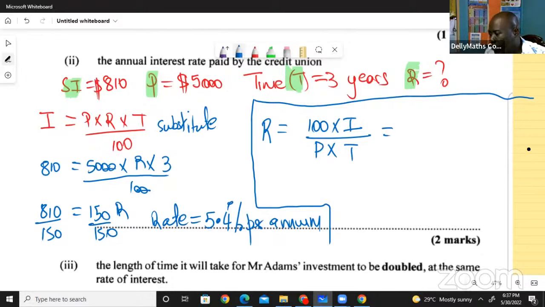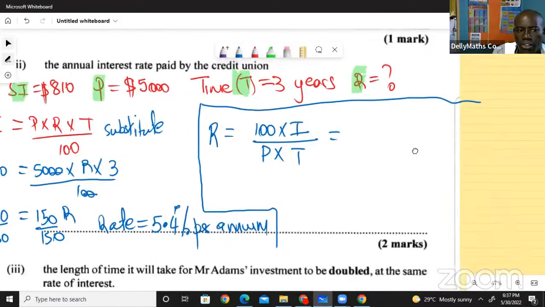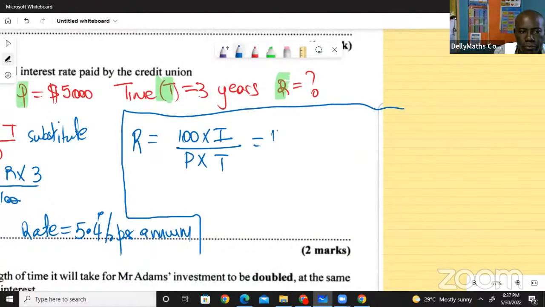All right. And then we're going to do some substitution here. 100 times the interest, which is 810, divided by the principal, which is 5,000, times the time, which is 3.